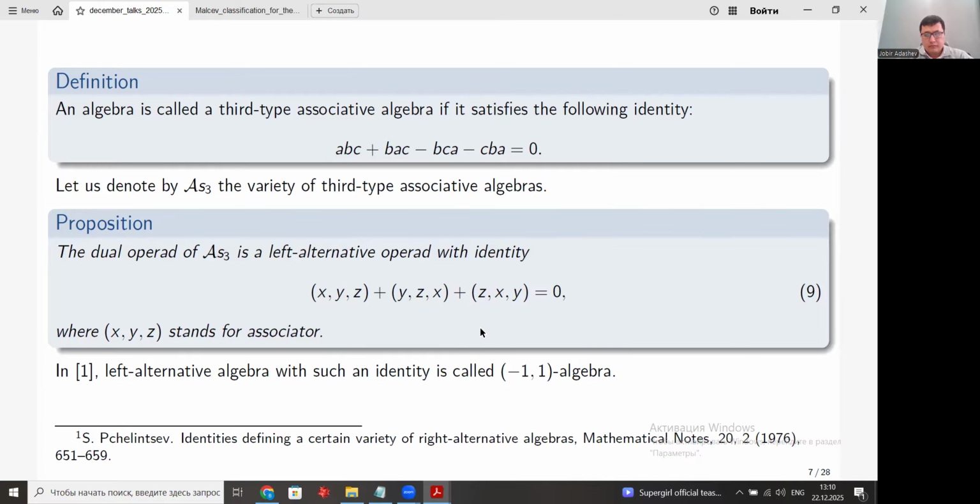If we consider the varieties of third type and fourth type associative algebras, between these categories we can construct a functor, and it's a one-to-one functor. We can always obtain the fourth type from the third: we just define the inverse operation, and under the inverse operation you obtain the fourth type.